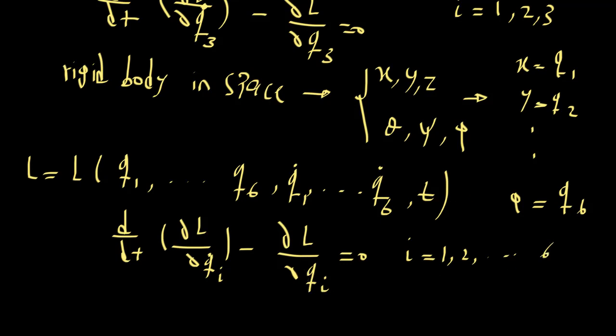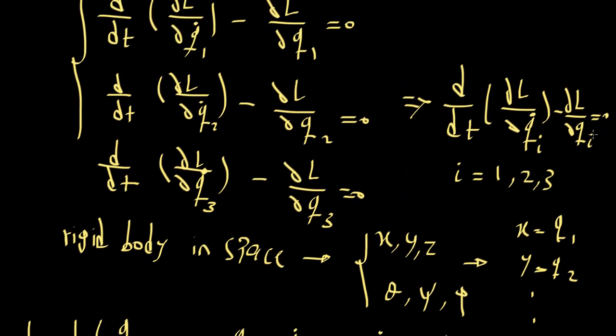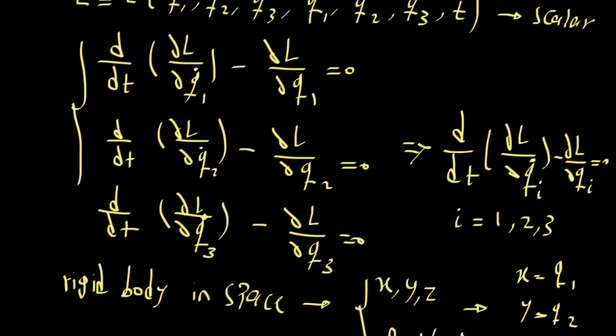Whereas if we wanted to use the Newtonian approach, we have to use the Newton equation and also the Euler equation, that are in vector notation in general, for a rigid body in space that has 6 degrees of freedom in general. We studied the kinematics of rigid bodies in 3D, but for the kinetics, we didn't study the kinetics of a rigid body in 3D in the general case.